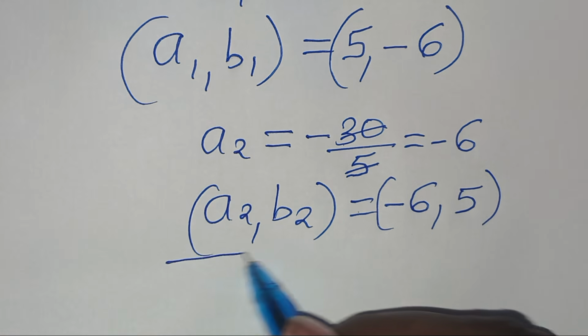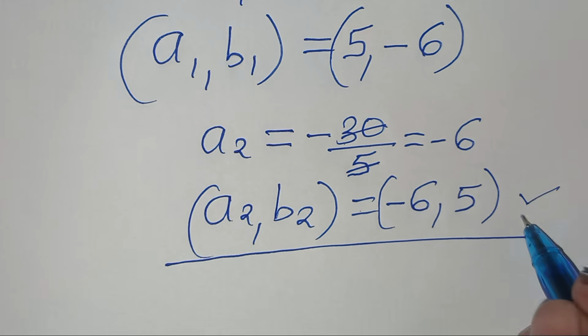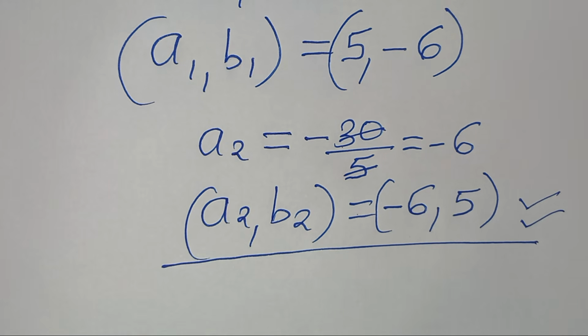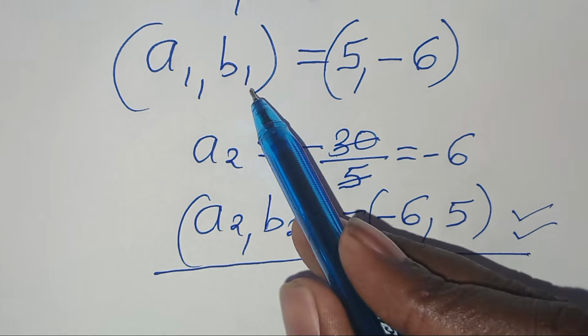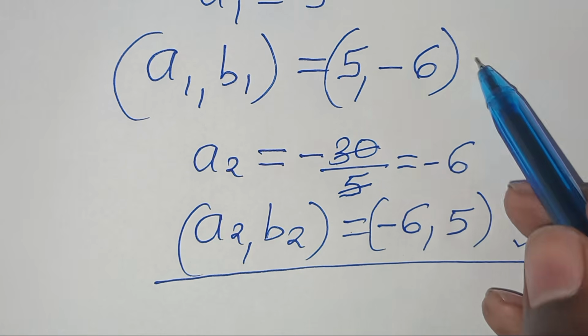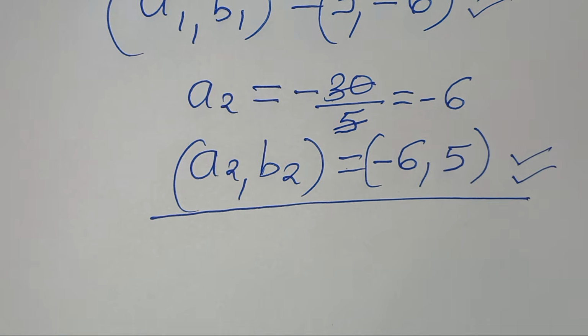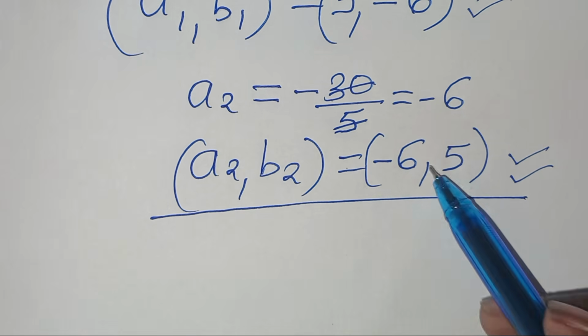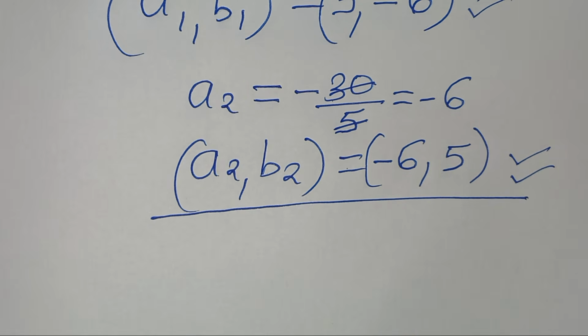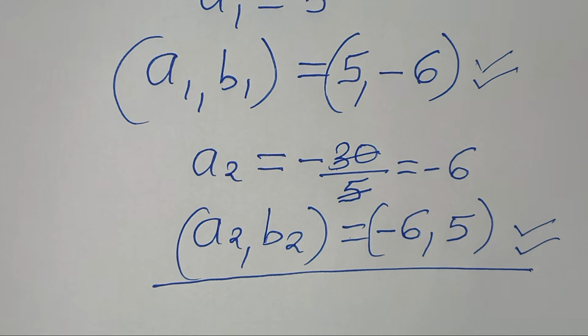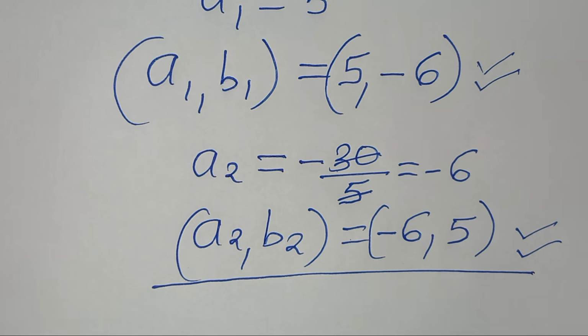This is the second set of solution that we have. So we have two sets of solutions here: a1, b1, which is 5, comma, minus 6, and a2, b2, which is minus 6, comma, 5. These are the two sets of solutions for this algebra problem.